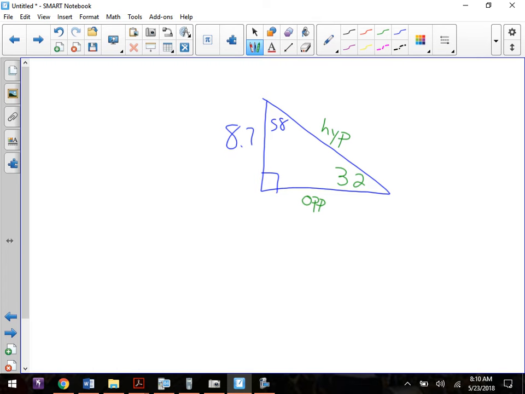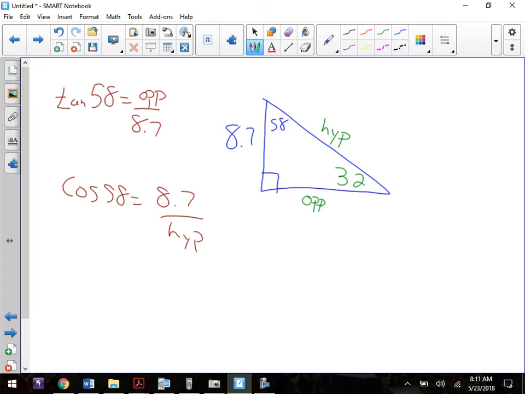That's why you always try to reuse your givens in these types of problems, because you run less risk of screwing something else up. So tangent 58 is your opposite over adjacent, and cosine 58 is your adjacent over your hypotenuse.